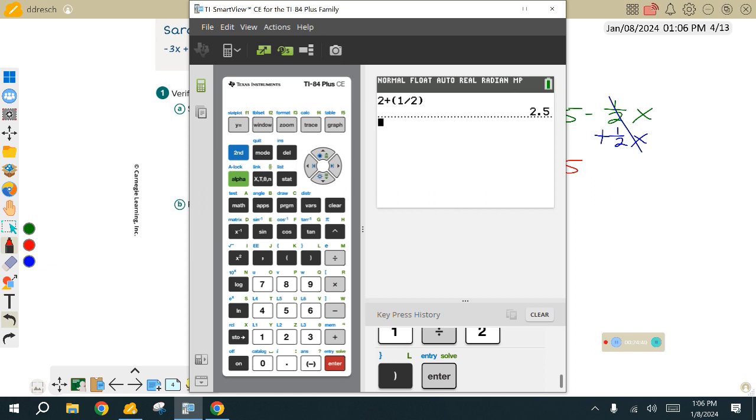Hit math. Fraction. 5/2. The backup calculators all do it. Okay, when you took it to your calculator, you did 2 plus 1/2 on here. Did 2.5.